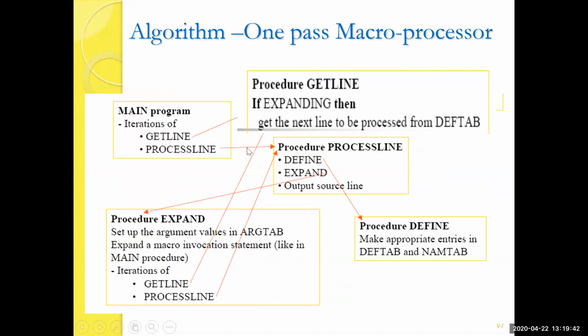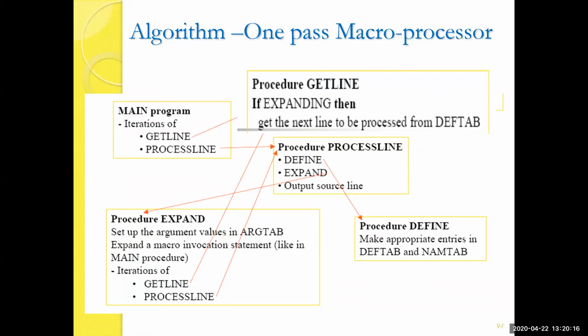The process line procedure's function is to process every line that is fetched by the getLine procedure. It examines three things. First, it checks if the opcode field is a macro directive, which means it is the beginning of a macro definition, in which case the define procedure is invoked. If the opcode is not a macro directive, it searches the opcode in the name table to see if it is a macro name which is already saved in the name table.